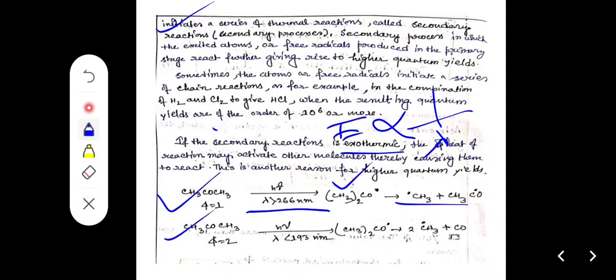Similarly, when CH3COCH3, acetone, absorbs h nu with lambda less than 193 nanometer, meaning its energy is high, since decreased lambda means correspondingly increased energy, it dissociates, producing 2 CH3 plus CO.